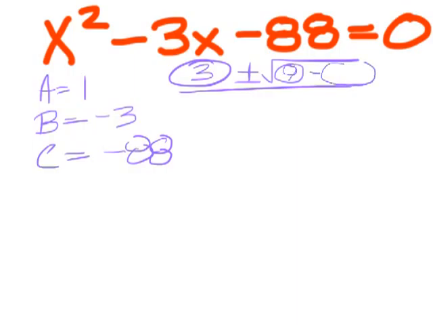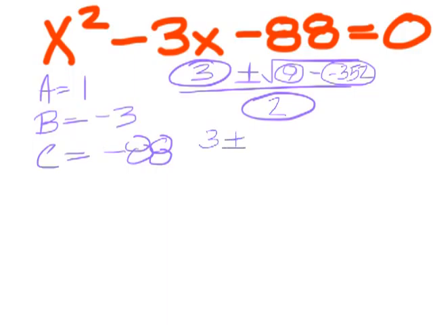This will be minus. What is this value after you simplify? Then you'll have 4 times 1 times a -88, which is a -352. What will you have here on the bottom after you simplify? On the bottom you should have a 2.